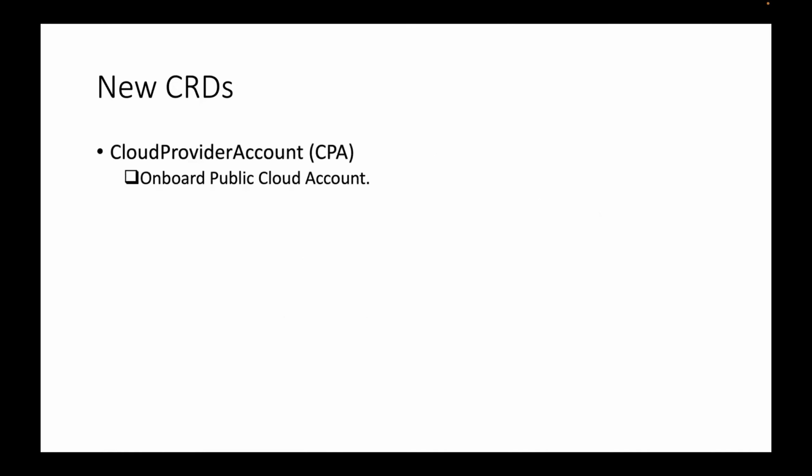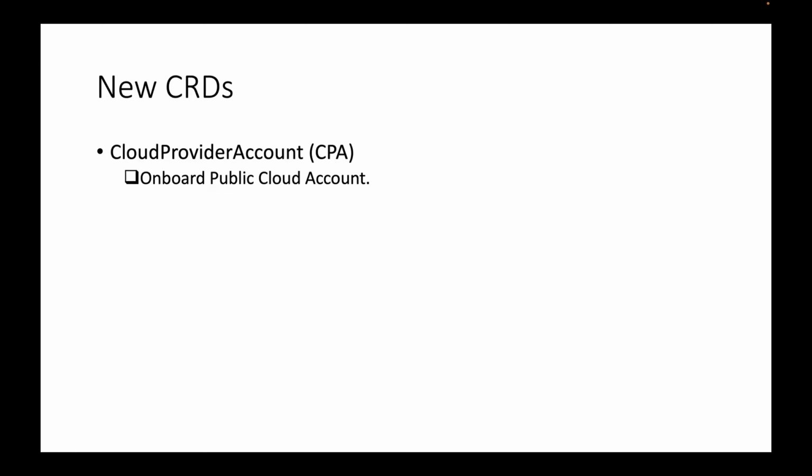As part of this new project, we introduce a few CRDs. The first CRD is the Cloud Provider Account CRD. Using this CR, the user would be able to onboard a cloud account in NEFI. It will carry credentials like AWS or Azure credentials, and what regions you want your resources onboarded from.